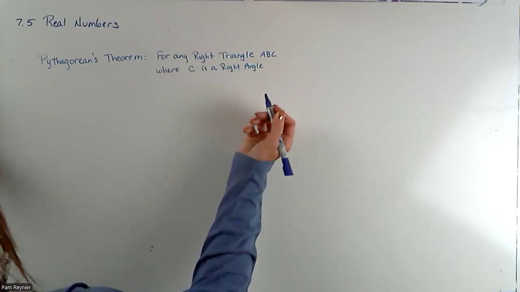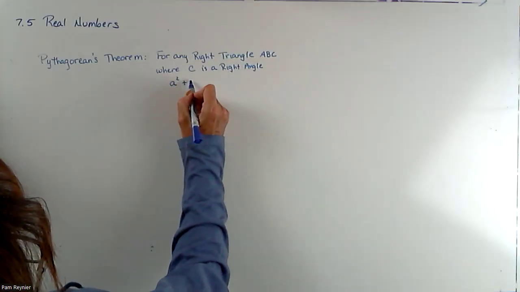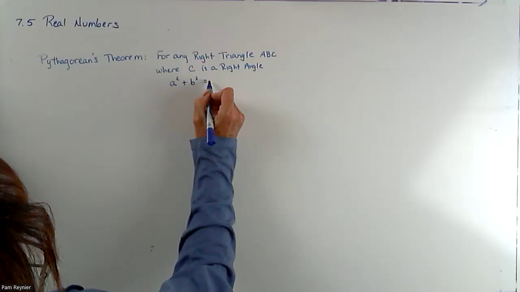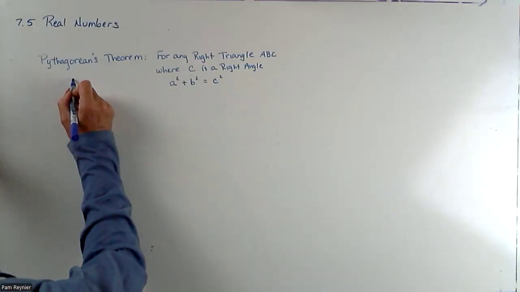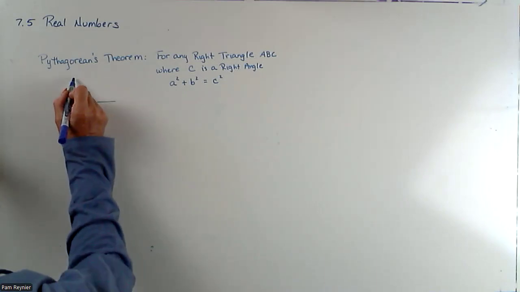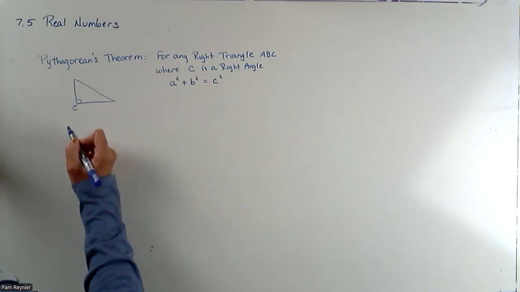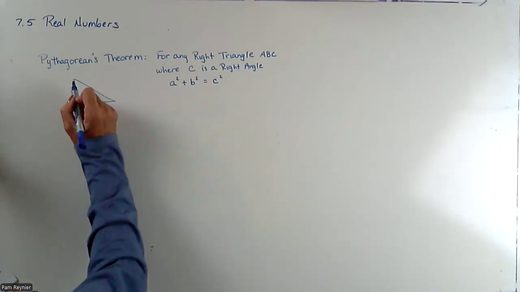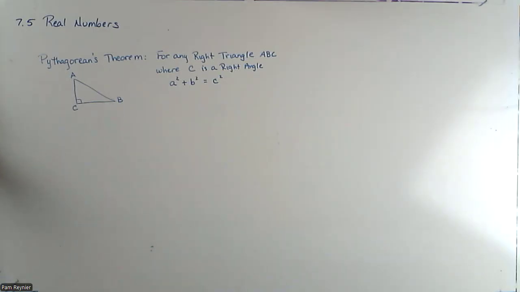He came up with, if I take the sum of the sides squared, that will always be the hypotenuse squared. So given a right triangle, where the right angle, that vertex is C. If I have other two angles, and we'll talk more about it in 3120.